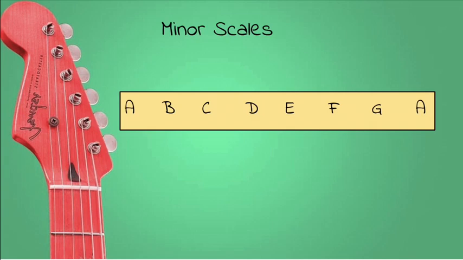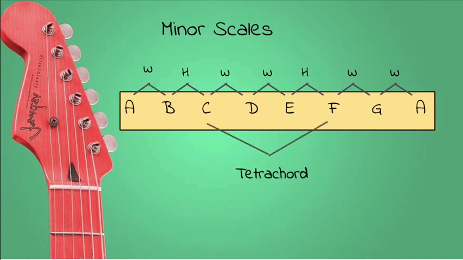The minor scale formula is whole step, half step, whole step, whole step, half step, whole step, whole step. The tetrachord is directly in the middle of the minor scale formula.